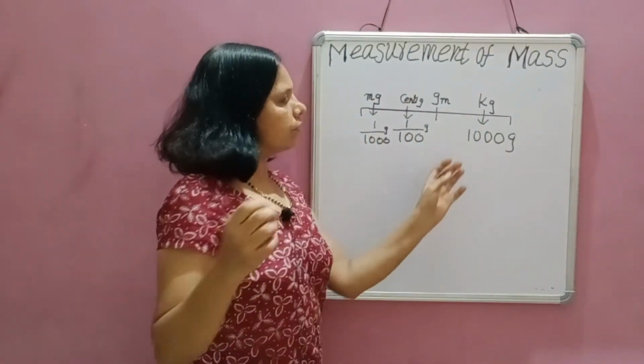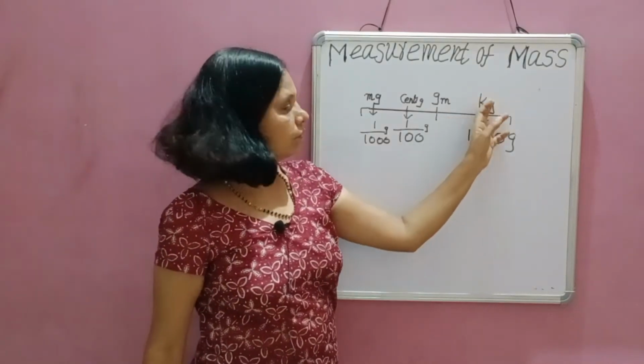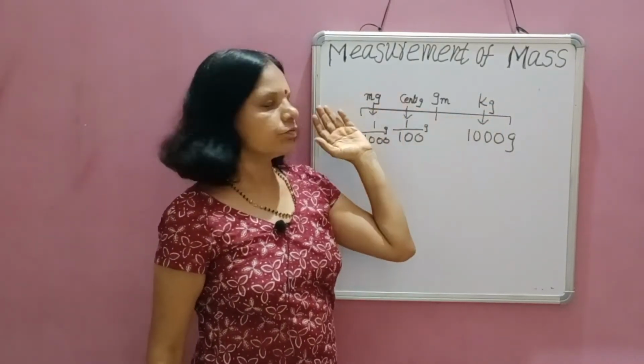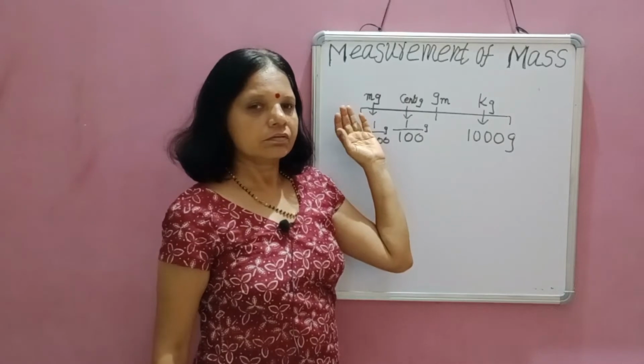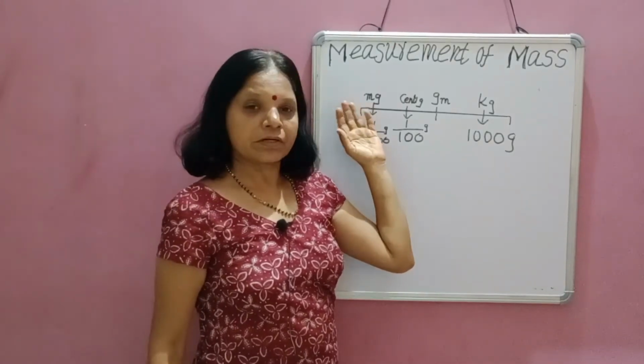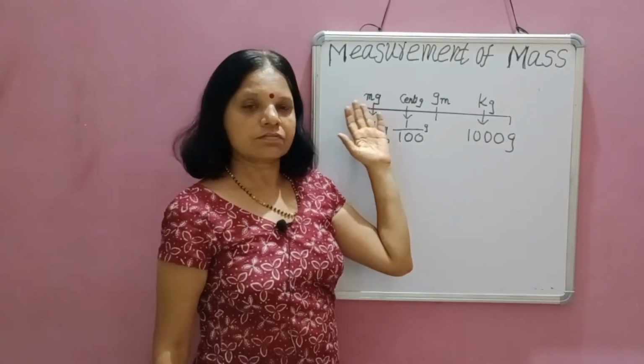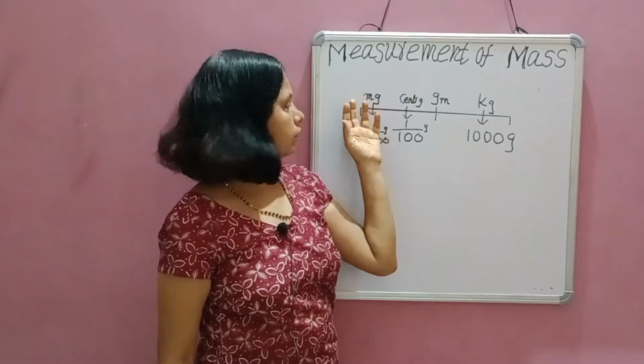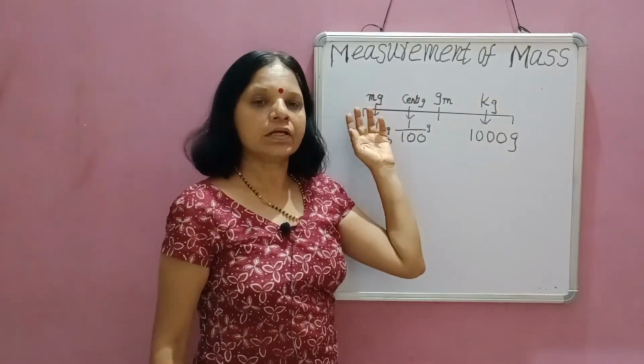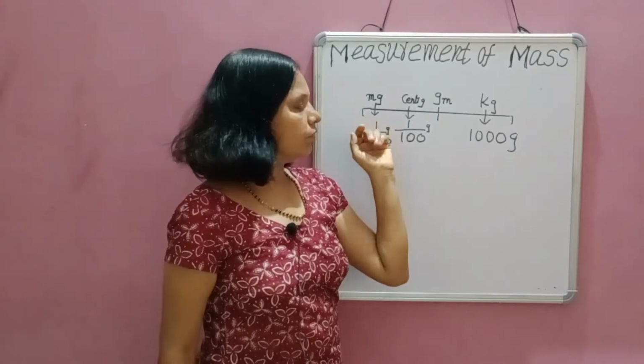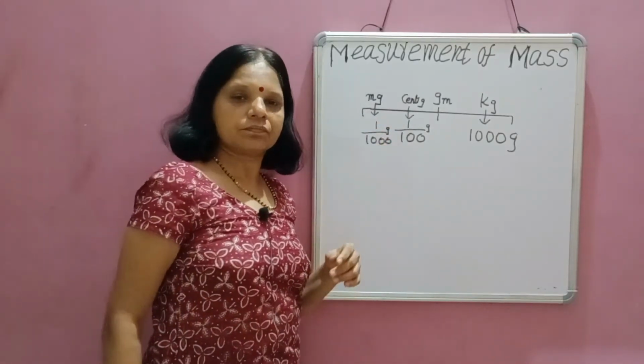For bigger measurements, kilogram is used, and for very small, precious things like gold and silver, we have to correct up to milligram. Now we will see how it is measured.